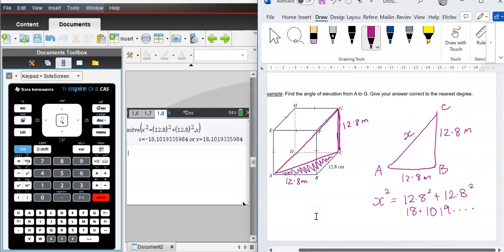So now I'm looking at a different triangle, and I'll do it in a different color so you can see what I'm talking about now. So the triangle I'm looking at now is the one that I need to get the answer from. So I already know 12.8, and now I've calculated 18.1019 and so on is this bottom one here.